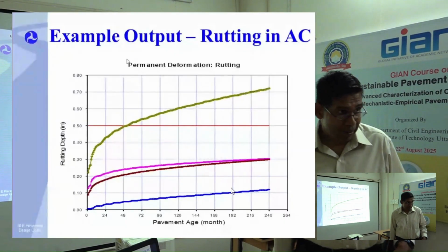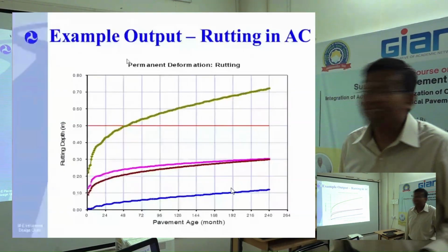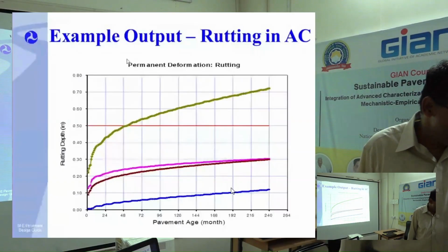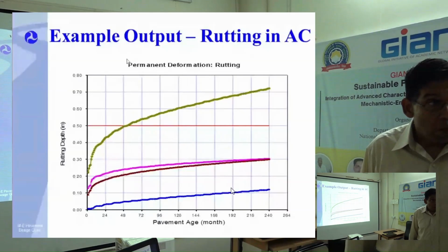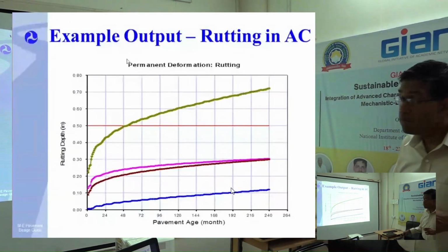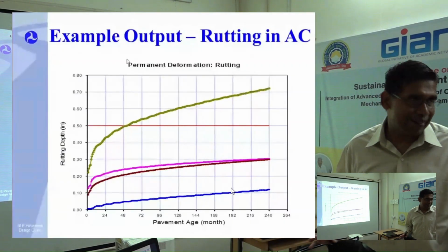Is the rutting maximum in the asphalt on the top of the layer? Not necessarily, friends. It depends on the section you select. Does that make sense? But rut depth is generally maximum in the asphalt level, and at the bottom layer the deformation will be reduced, if everything is correct.